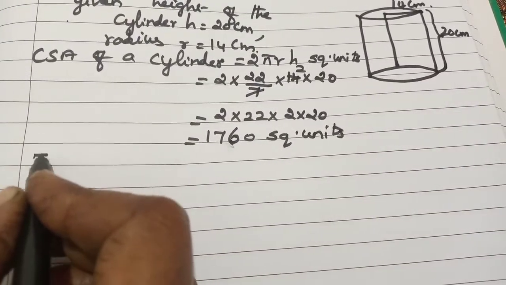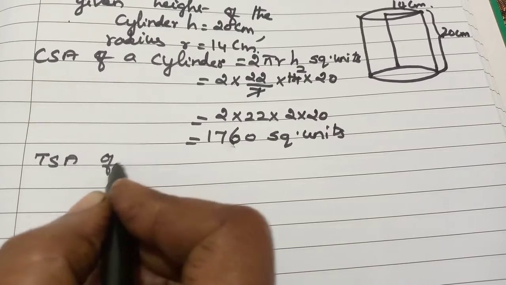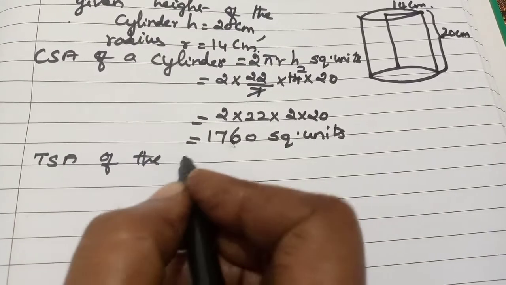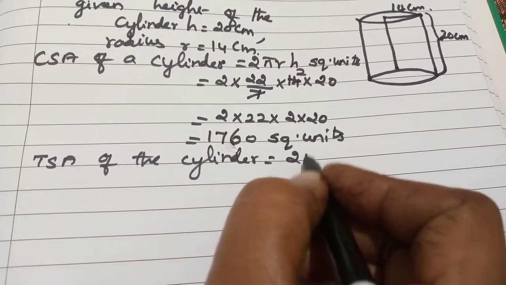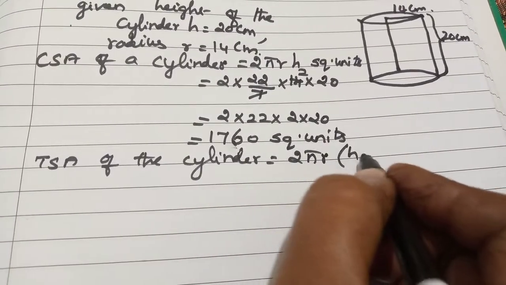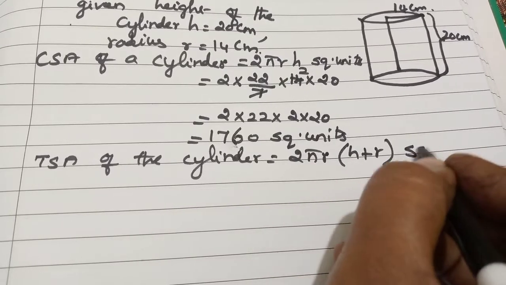So formula let us write. TSA of the cylinder equal to 2 pi r into height plus r square units.